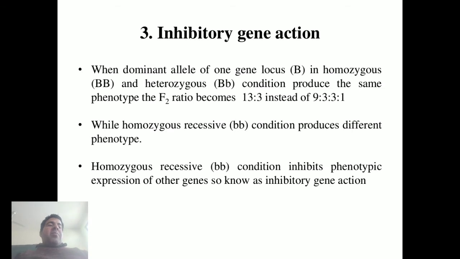Homozygous recessive bb condition inhibits phenotypic expression of other genes, so it is known as inhibitory gene expression. Means another gene, which is present on another locus, inhibits the other gene's expression, and is known as an inhibitory gene, and the ratio is 13:3.